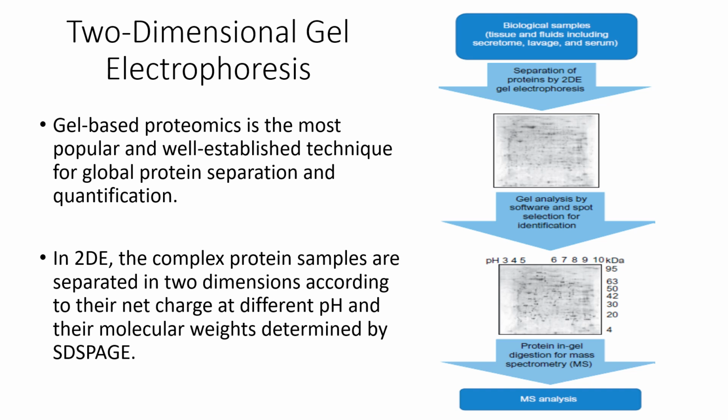So basically, we have the biological sample, and then we separate it through the 2D gel electrophoresis, and then after that, we use software to identify each individual spot, and then we can digest the gel, take it out, and do further mass spec analysis.